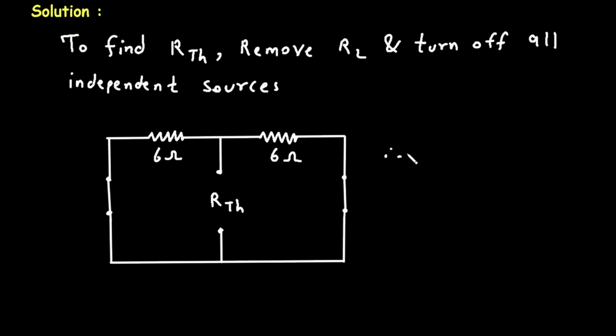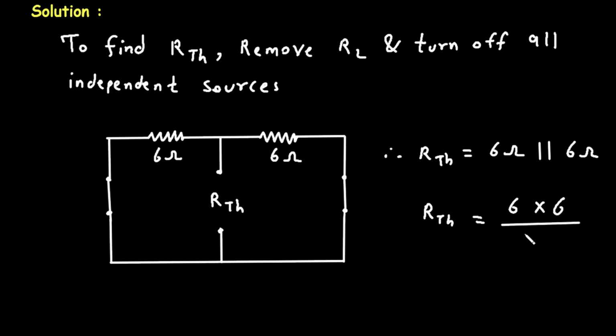So therefore RTH is equal to 6 ohm parallel with 6 ohm. So RTH is equal to 6 into 6 divided by 6 plus 6. So therefore RTH is equal to 3 ohm.